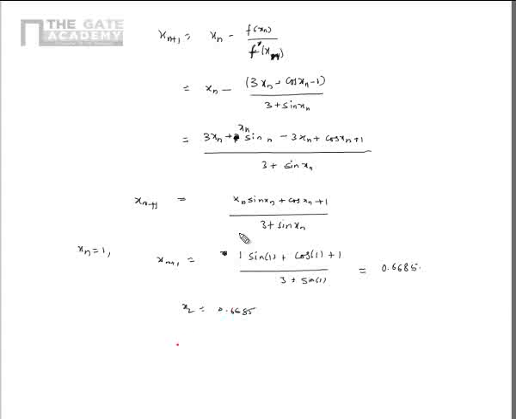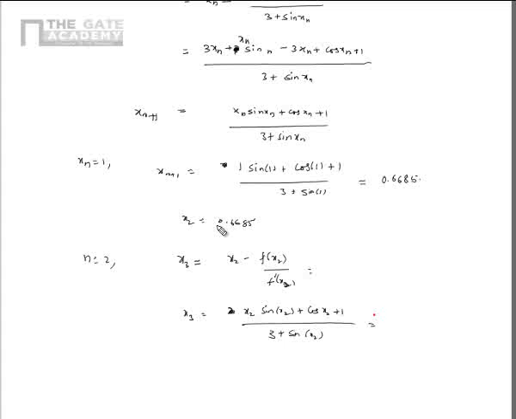Similarly, I'll calculate h3, which is nothing but h2 minus f of h2 by f dash h2. Same thing, I'll consider n is equal to 2 in this expression. So h3 is h2 sin h2 plus cos h2 plus 1 by 3 plus sin h2.